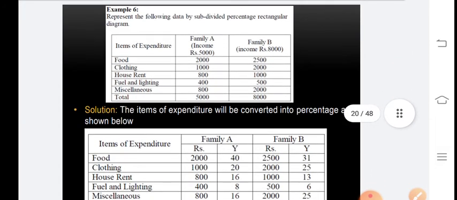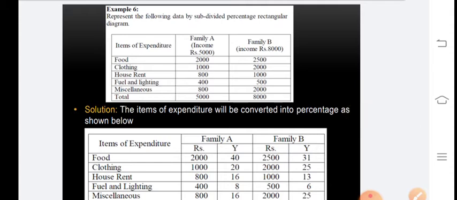Represent the following data by a subdivided percentage rectangle diagram. The items of expenditure are given for two families, family A and family B. Family A's income is rupees 5,000 and family B's income is rupees 8,000.